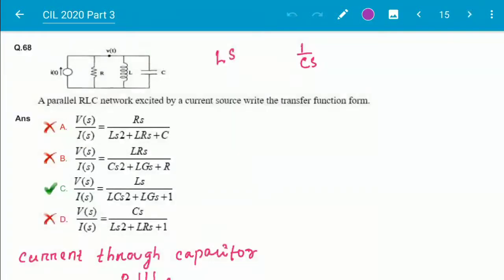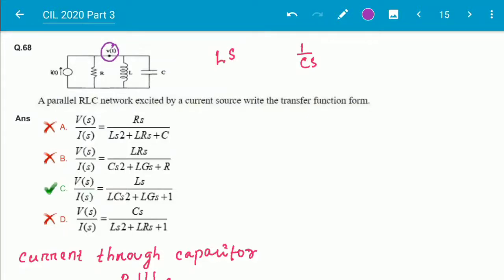Next question, question number 68. A parallel RLC network is excited by a current source; write the transfer function form. The transfer function is given as Vs by Is. Here it is given as Vt.